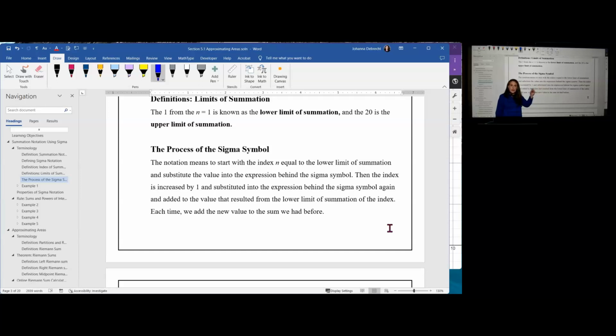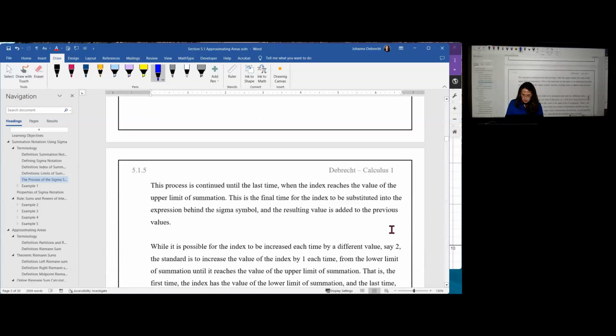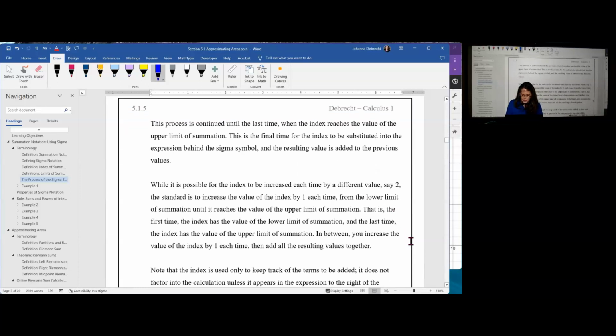And we substitute that into the summand, find that value, and add it to the previous value. And we iterate again and let the index take on the next integer value. We repeat the process until we reach the upper limit of summation. Each time, we add the value to what we had before.